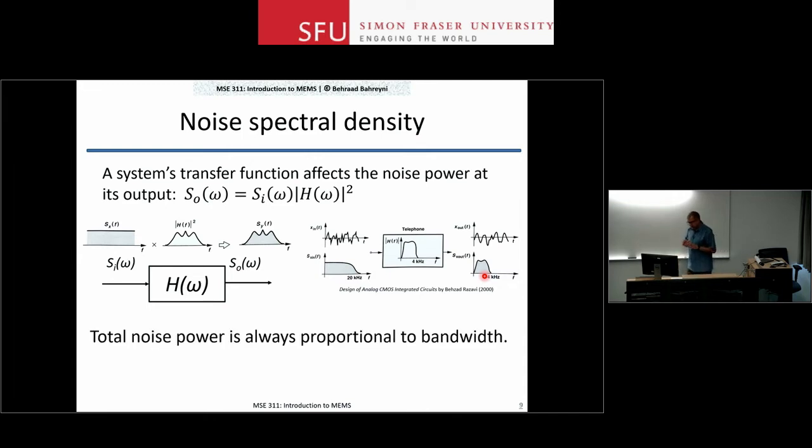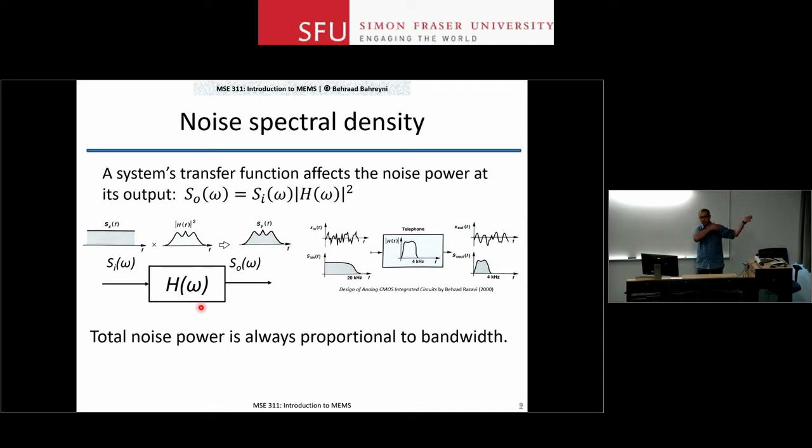Now, the other takeaway from this slide is that the noise power, how much power you're left with at the output of that system, depends on this transfer function, depends on the bandwidth that is set by that transfer function. You may have white noise going in, but this system truncates a whole bunch of that signal.